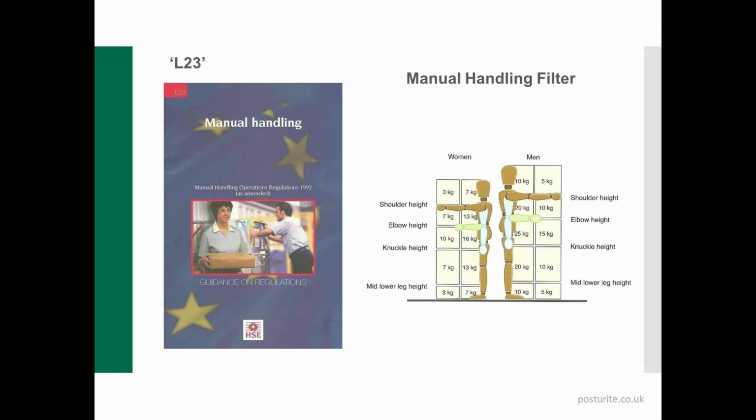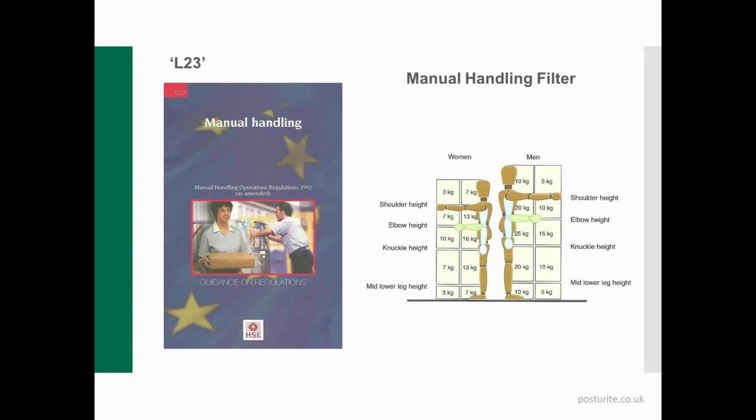I repeat that because it is important. What you're required to do is do the assessment, and it may be that even though you're handling loads greater than those values, there is no risk, or your risk assessment might deem there is no risk because of the way in which that work is done. So it is simply a filter to get you to look more closely at the work activity.